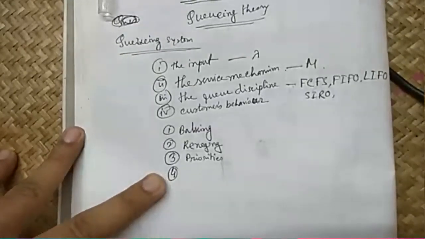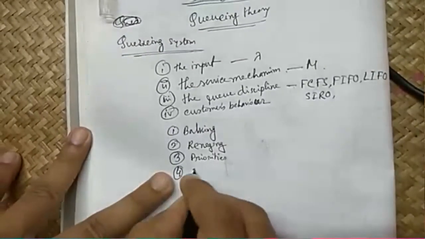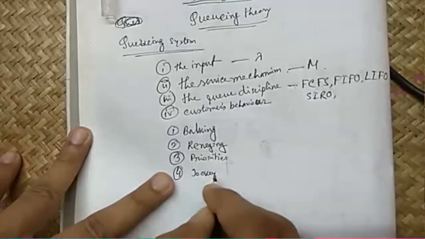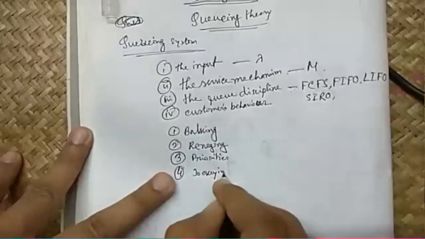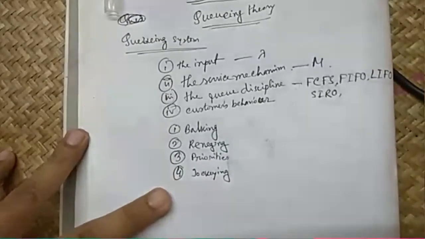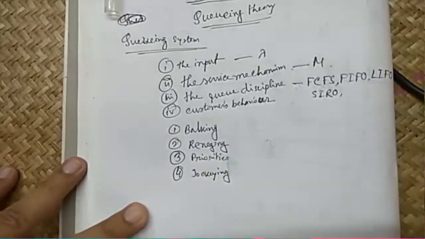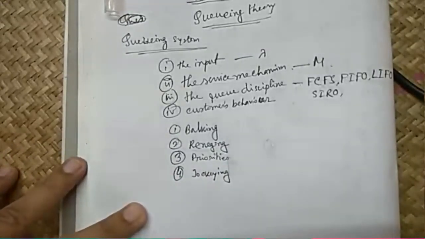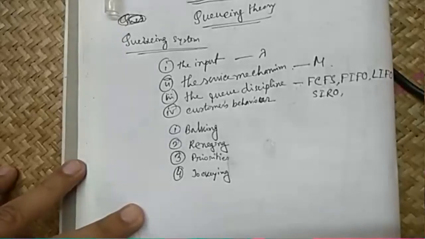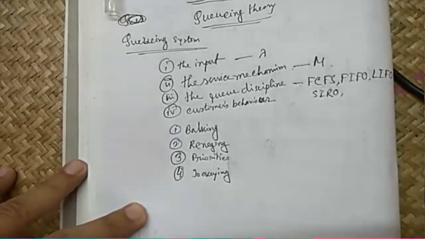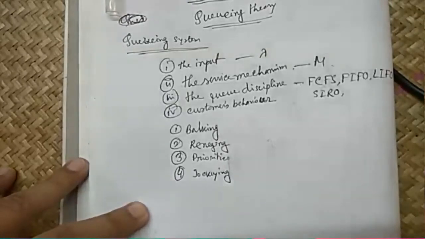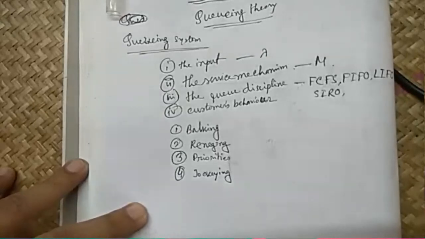And next, number 4 is jockeying. This is a very interesting human psychology. Suppose at a metro counter, you are standing in a line, but the line beside you is running faster. So you leave your space and join another line, and then you find the line beside you is running even faster.